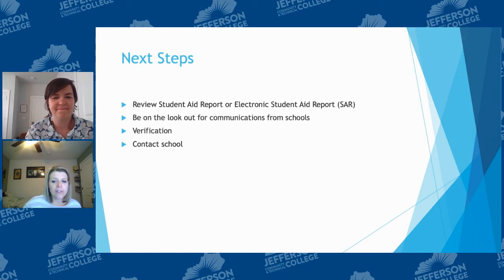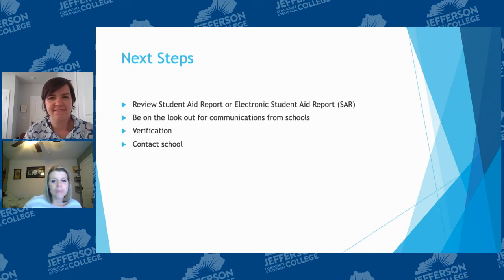Additionally, watch out for communication from the college's student financial aid office. Additional information may need to be collected. Typically, that is requested for students who need to complete a process called verification. FAFSA verification is a process implemented by the Federal Department of Education to ensure the accuracy of information reported on the FAFSA.